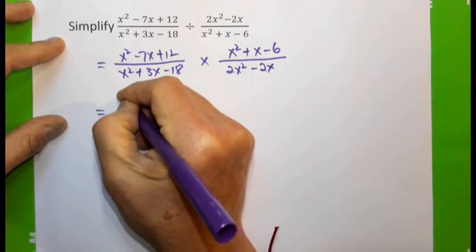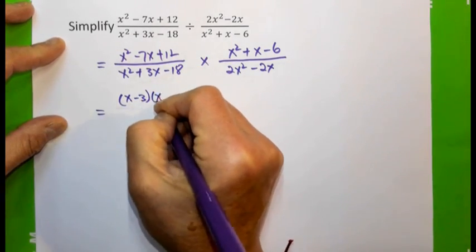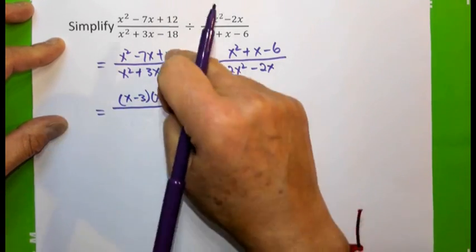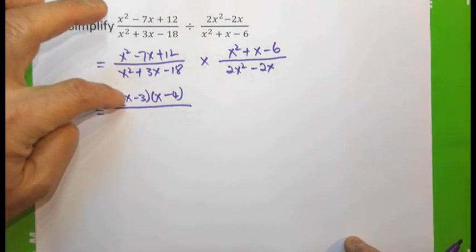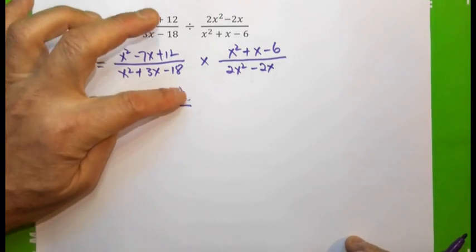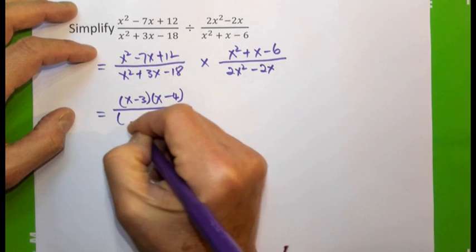Okay, the top expression is x minus 3 and x minus 4. You know that minus 3 times minus 4 is plus 12. Minus 3x plus minus 4x is minus 7x. So that is the binomial product. Okay, let's have a look at the bottom one.